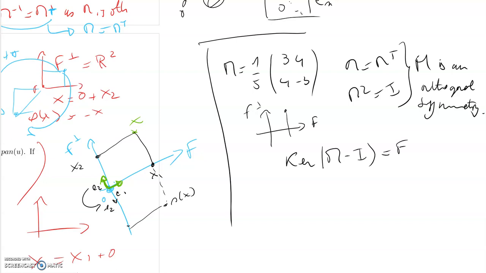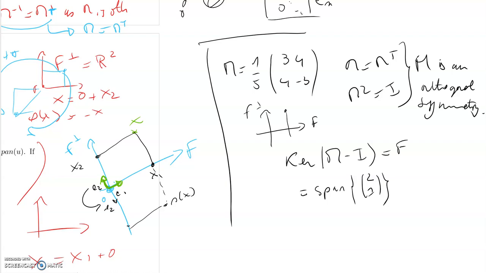You should try to do that, so maybe pause and compute that kernel and check that you find the following result. Assuming you have paused, you should find the spanning vector of F, which is equal to, for instance, (2, 1), one of the spanning vectors. That's not normalized. You can always normalize it by a square root of 5.